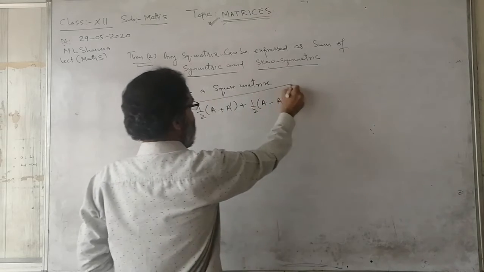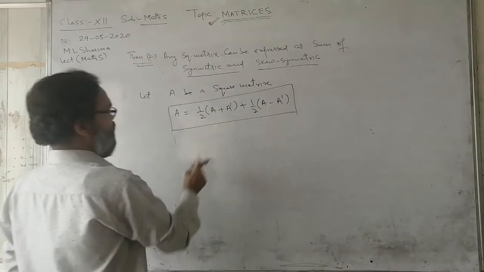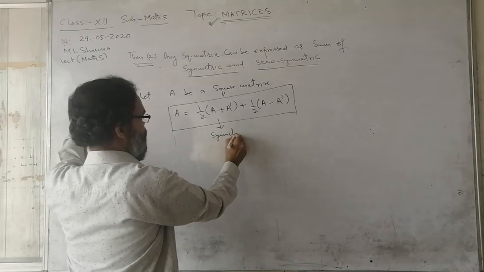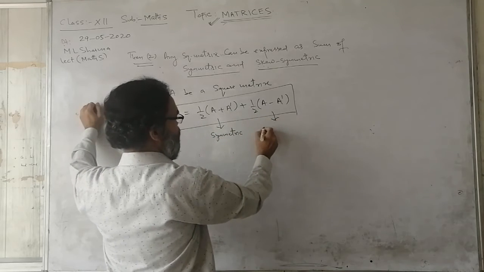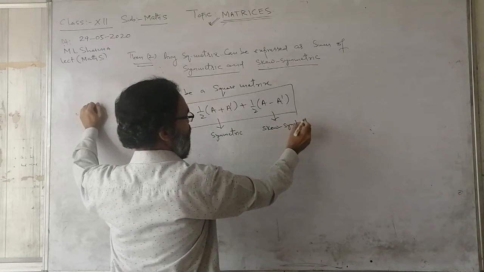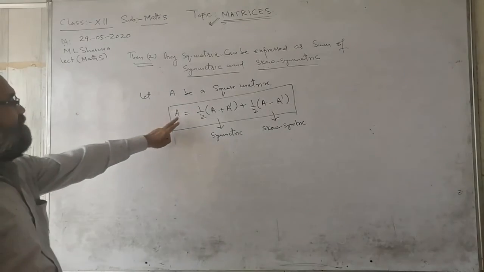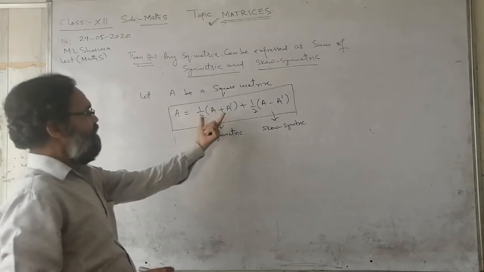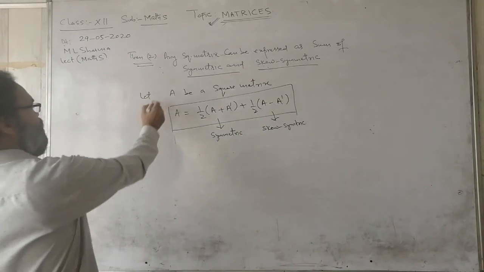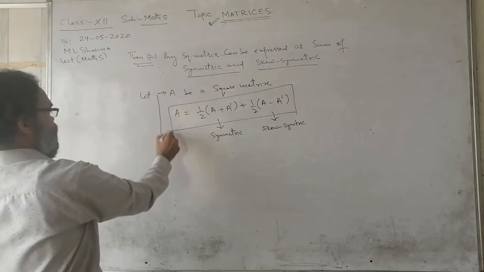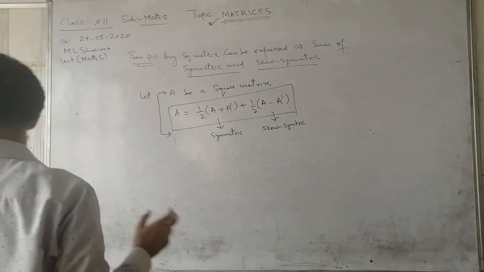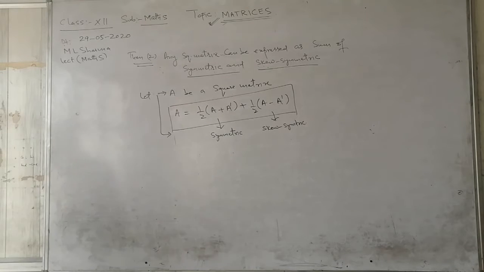So that means any square matrix can be expressed as a sum of this is symmetric and this is skew symmetric. So you will remember, any square matrix can be expressed as sum of symmetric and skew symmetric. So this theorem will be used when we will solve exercise questions. So these are the two theorems given in your book.